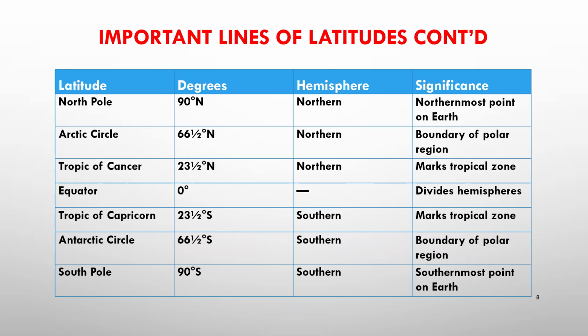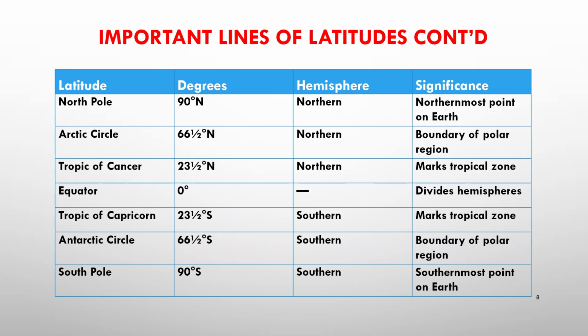Third, the Tropic of Cancer, 23.5 degrees north, which marks the northern limit of the tropical zone. It is significant because the sun is directly overhead here at the summer solstice. Our equator, 0 degrees, divides Earth into two equal halves.